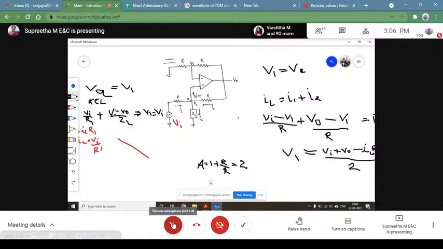So now, what will be the output voltage? Gain into the input which is appearing at the non-inverting terminal. Which is the input voltage appearing at the non-inverting terminal? V1. So, what will be the final expression for output voltage?